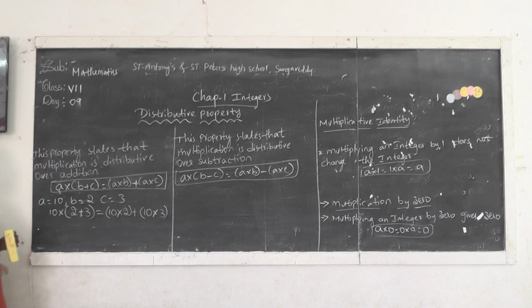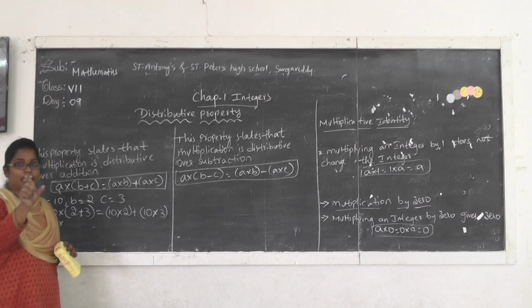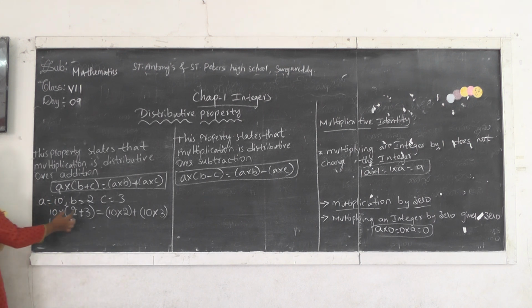Let's simplify this. 10 into, first we should simplify the terms which are in the brackets. Understand? So first solve the terms in the bracket. 2 plus 3 is nothing but 5.